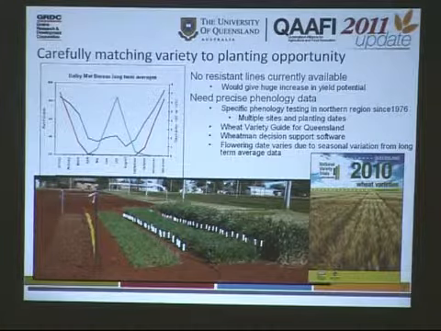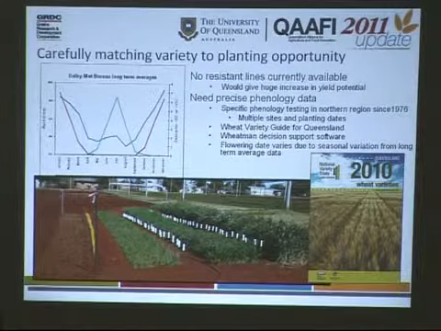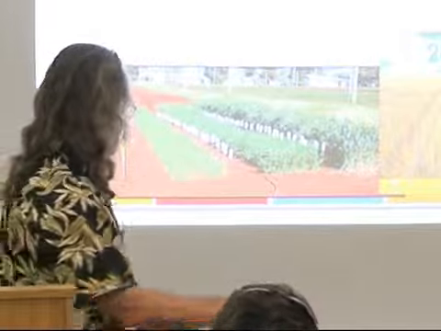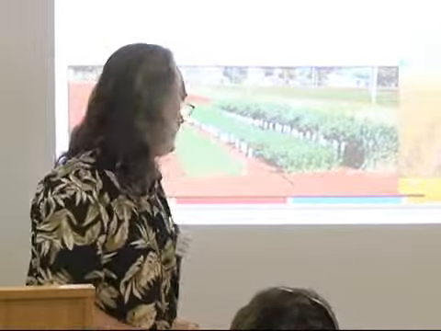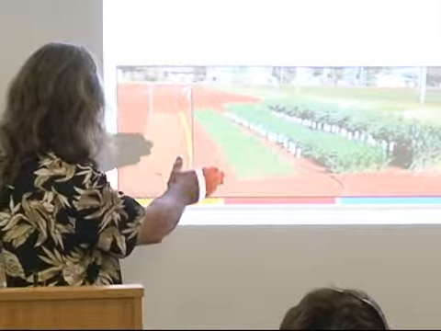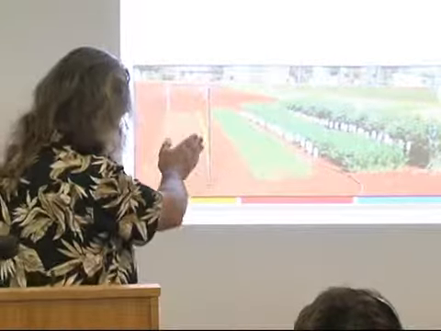This is one that's planted at the Leslie Research Centre, can't remember which year, quite recently. It's about July. The ones planted in April here are just starting to flower. Ones planted in early July, mid-July are starting, it's probably taken in about August, I'd say. So these ones here are just starting to come out of the ground.